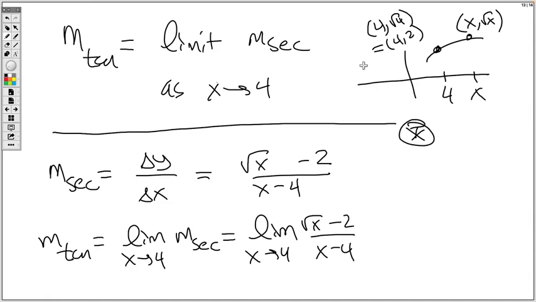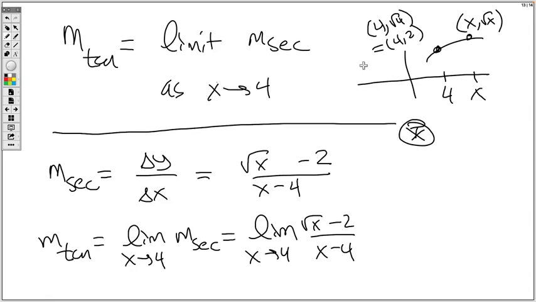We have a point on the line, no problem. We need the slope. Now we got to figure out the slope. For the slope, we need 2 points. We don't have 2 points. So we'll take 2 points on the curve. And then we'll push the 1 point closer and closer to the point we care about. And then the secant line will turn into the tangent line. So we all hip on what's going on there? Are we good on that?